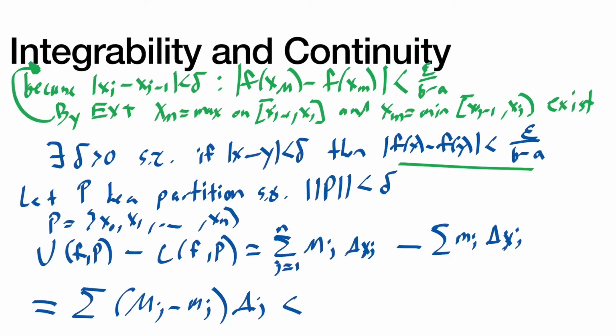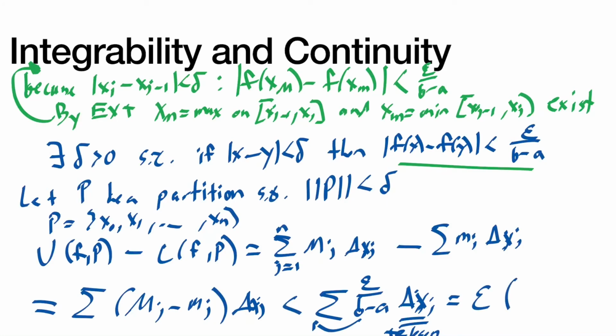Well, that must be less than the sum of epsilon over b minus a times delta x_j. But what's important is these delta x_j's telescope, and these epsilons come out in front, so this is actually just epsilon times the very last term in the telescoping series, which is b, minus the very first term, which is a, and then that cancels out with my b minus a, which is epsilon.